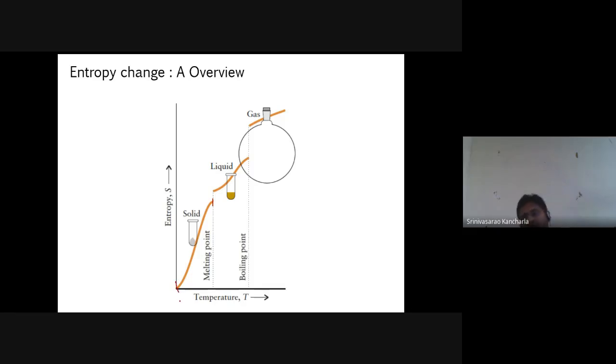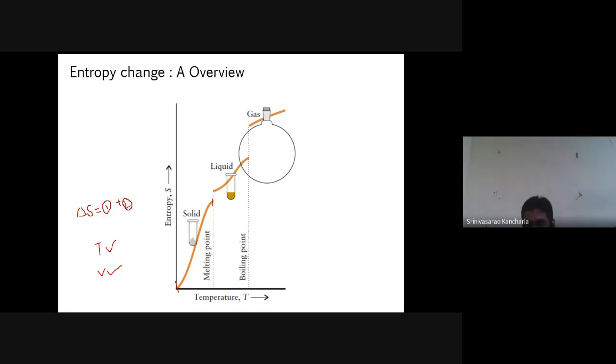You will measure it by considering the temperature change, n Cv ln T2 by T1, and also by considering the volume change, if there is any appreciable volume change. So your delta S will be delta S due to temperature change plus delta S due to volume change.